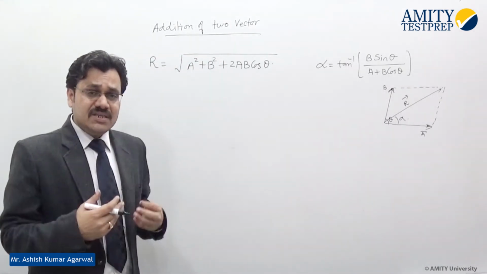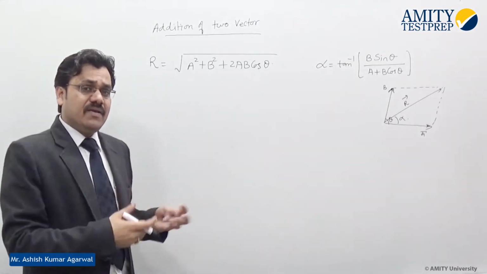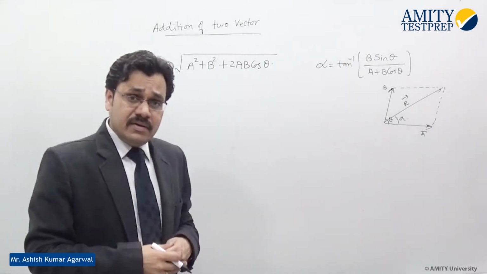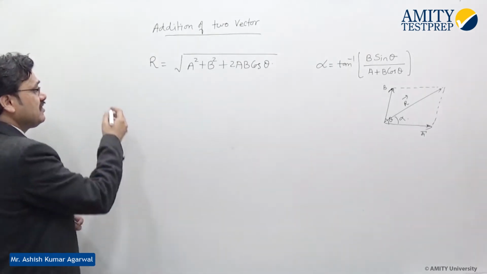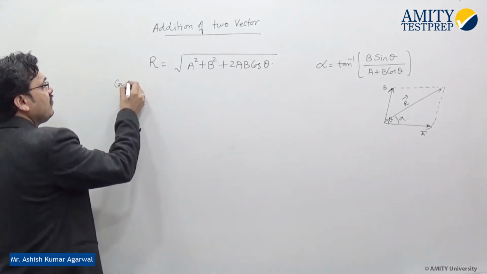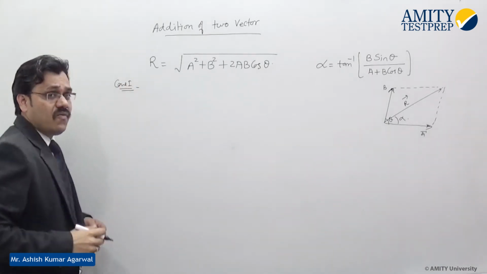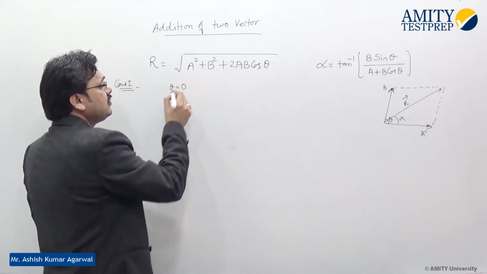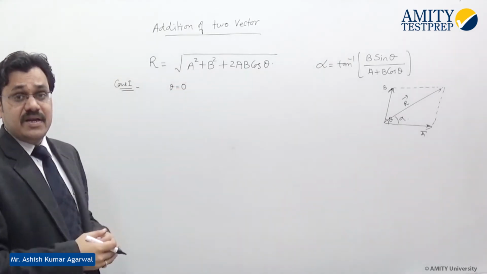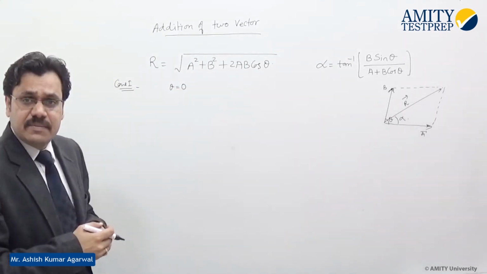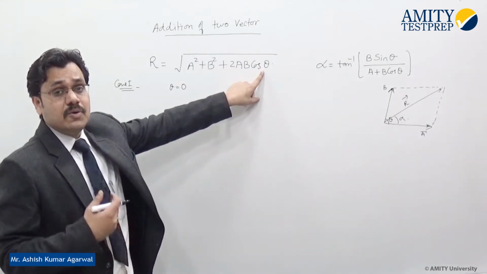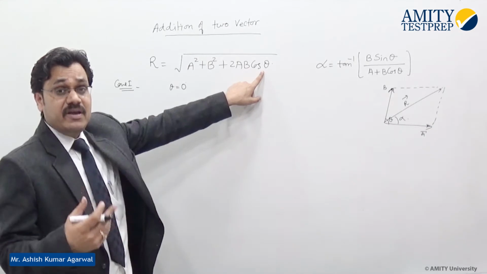Now, there are certain cases where the angle will vary. I am just taking some cases. Case 1. What will happen when the angle between the two vectors is 0? If the angle is 0, they are in the same direction. You can put 0 in place of theta, and cos 0 will be 1.